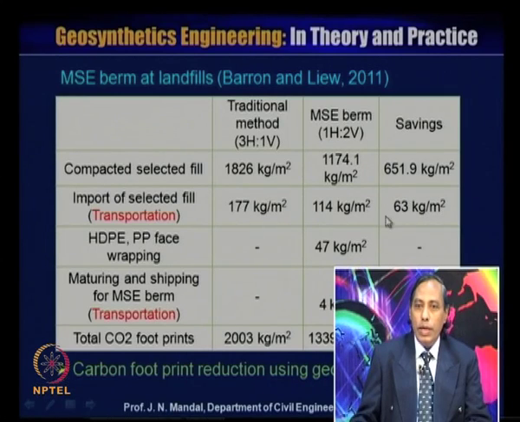So you can see the saving is about 63 kg per meter square. Or if you use high density polyethylene, that means HDPE, or polypropylene face wrapping, then for the mechanically stabilized earth berm 1 horizontal to 2 vertical requires only 47 kg per meter square.